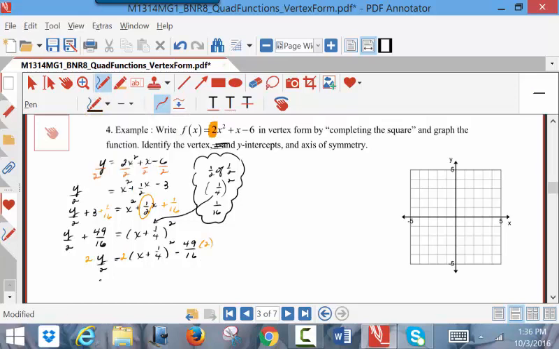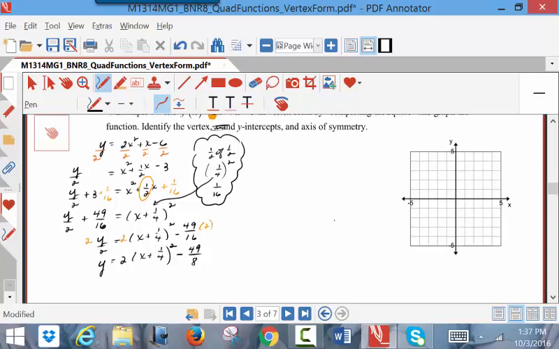So then it says y equals 2 times x plus 1/4. Don't forget to square that. Minus, what is this? 49 over what? 2 and 16. There you go. There it is.